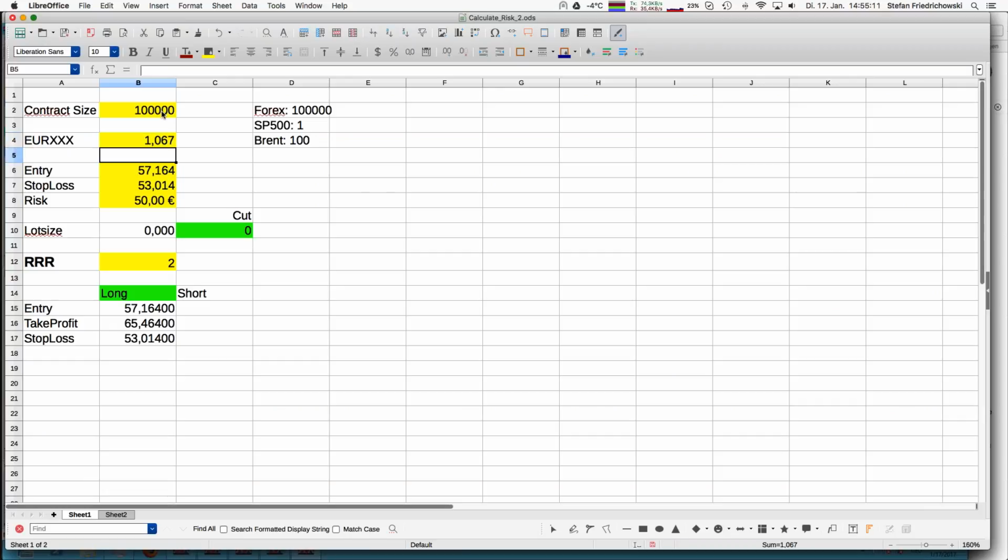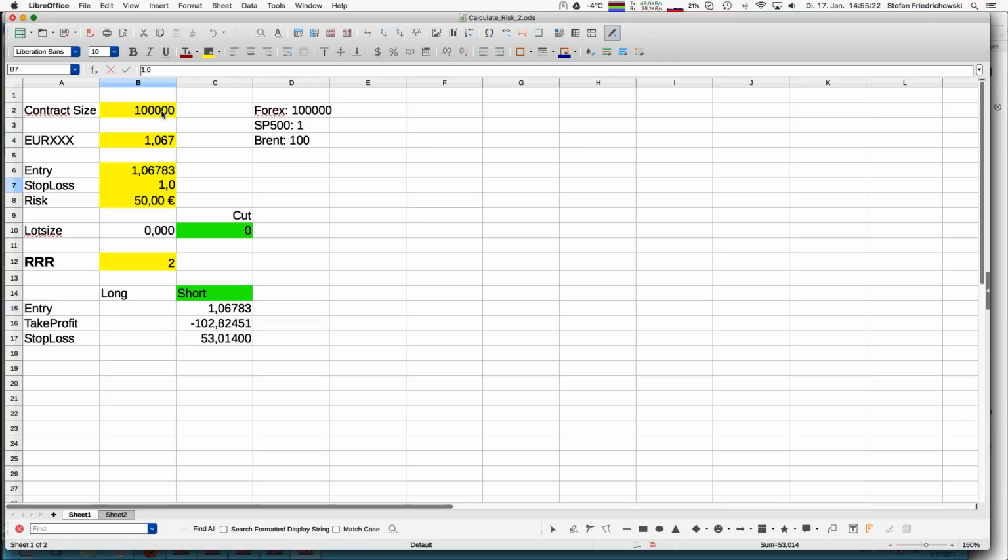The Euro US dollar exchange rate we already have here within the Excel sheet, and entry is 1.06783, and stop loss is 1.07523, and that would mean a risk of 0.07 lot, and the take profit would be at 1.05303. So that is a trade, and that trade would be entered at market.